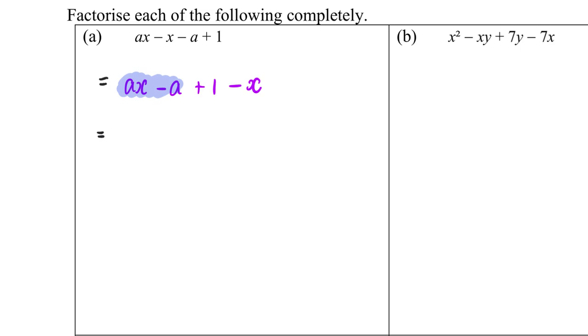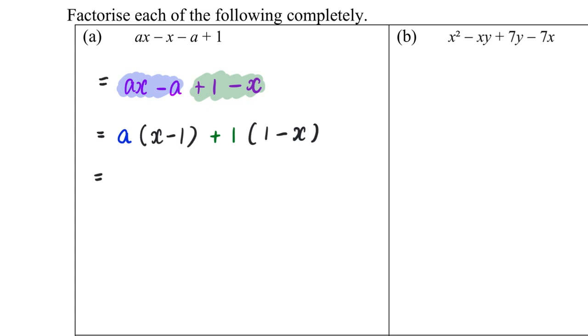I still have my blue color group and green color group. And this time round, the common factor is a. I have my x minus 1, and at this stage, I see that there is a plus 1 bracket 1 minus x.